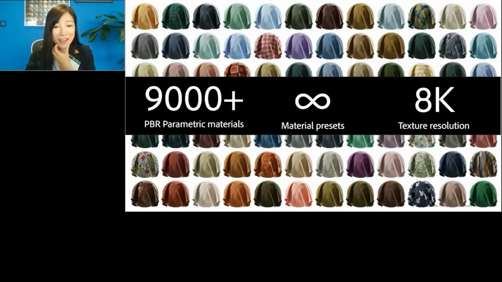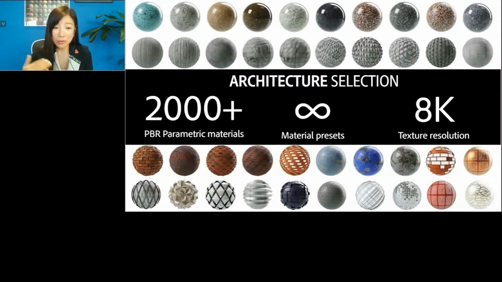So all these materials, the resolution can also go up to 8K. It's just perfect if you want to create hero product design, close shots. You don't need to worry about the details at all. And for different industries, we also have different collections.